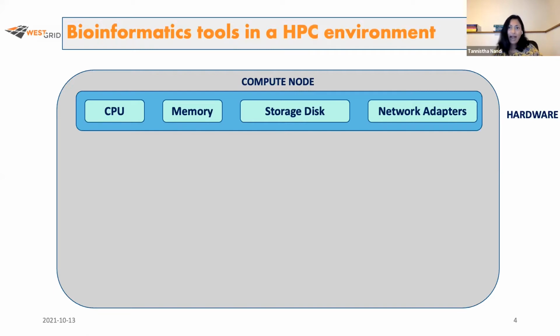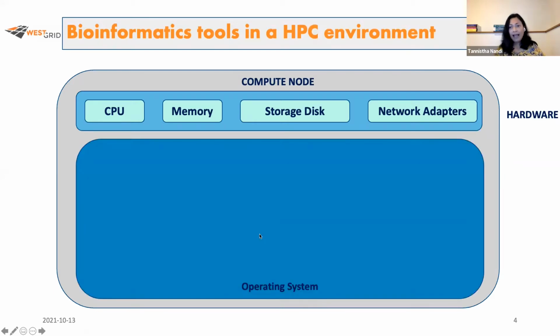These are the hardware components. We also have the operating system. It is the piece of software that can interface with the hardware. So the operating system that we are dealing with on a HPC system today is Linux.